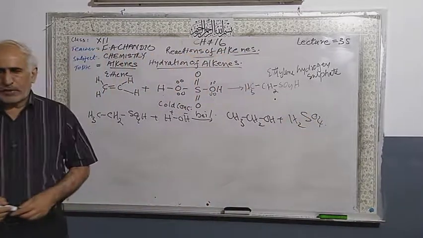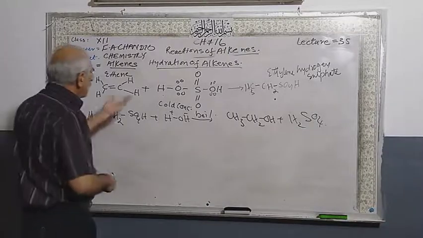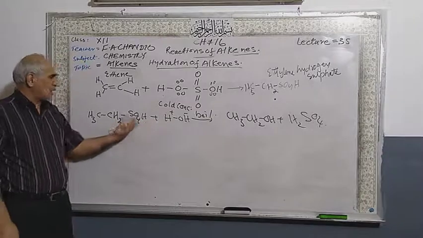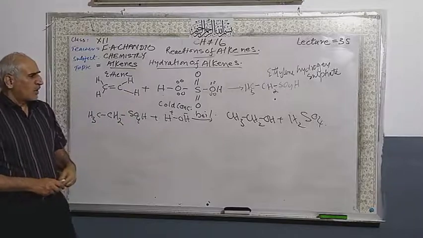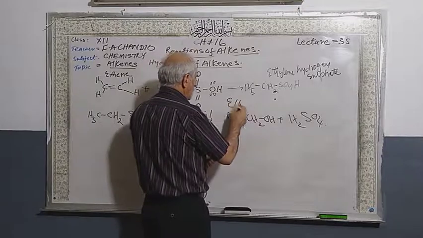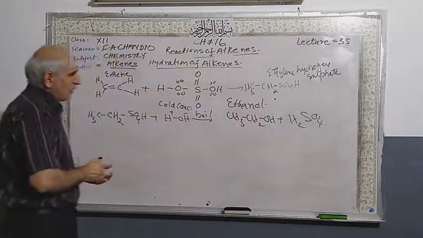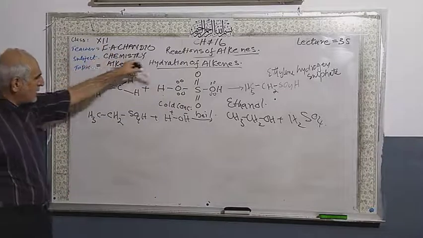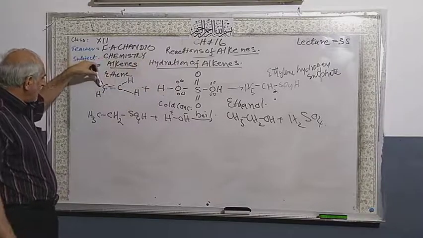You get sulfuric acid back, which was the only condition for the chemical reaction. Actually, we are hydrating the alkenes. This process is hydration, the addition of water to an alkene. So this is ethanol. Ethanol is formed and sulfuric acid is released. This is the ethene and this is sulfuric acid. The hydrogen is going to be attached here.